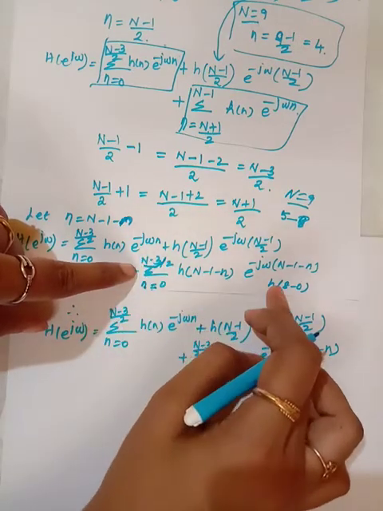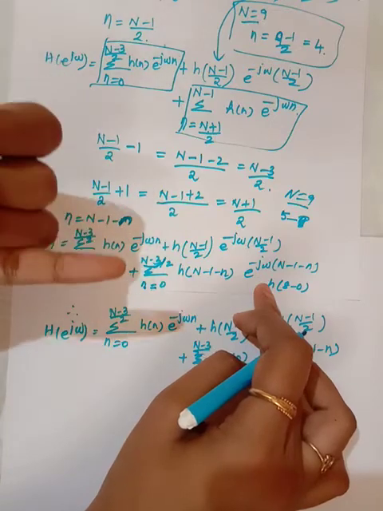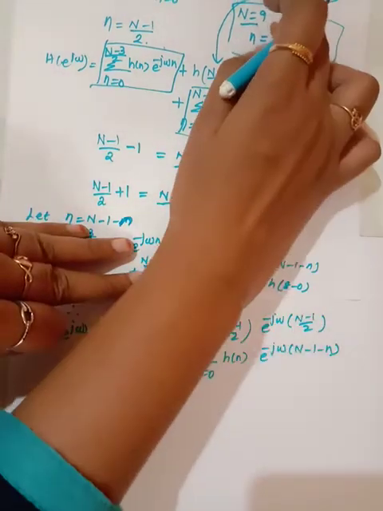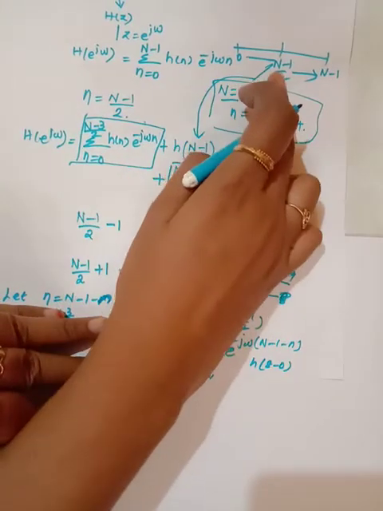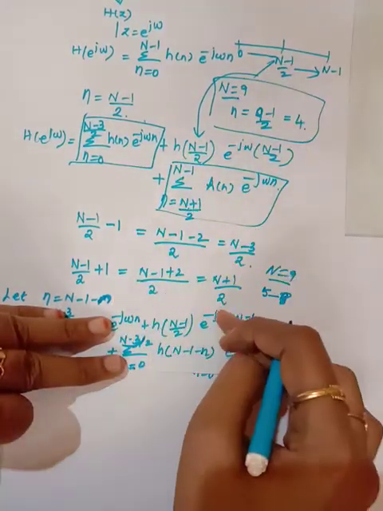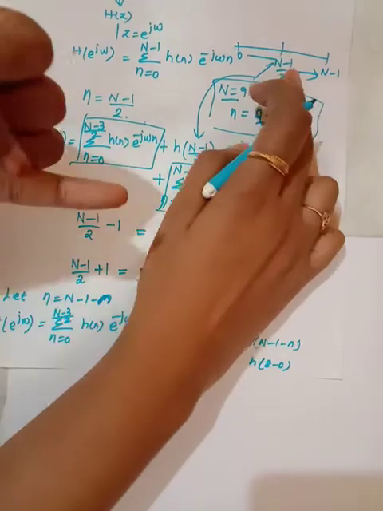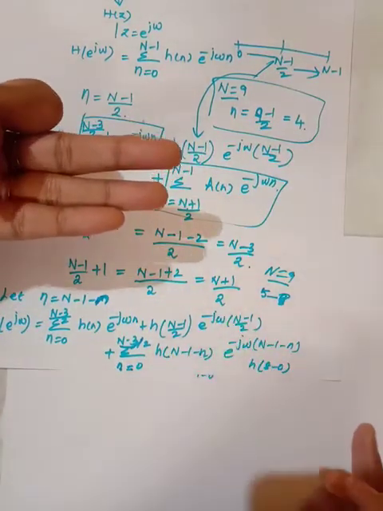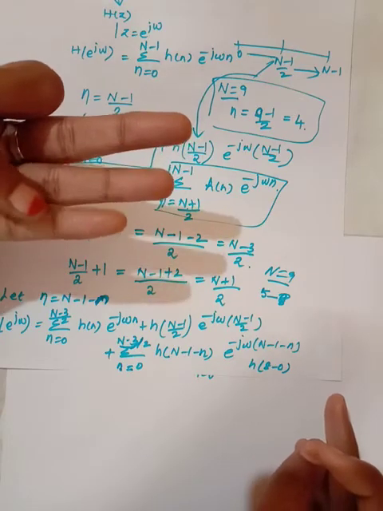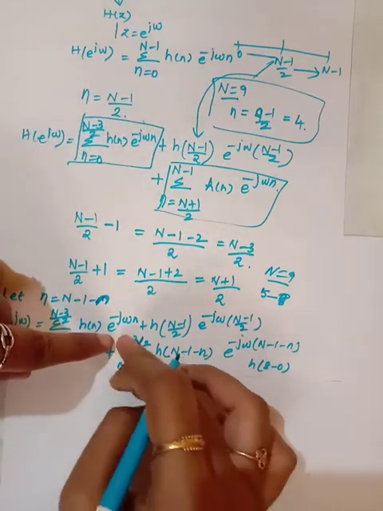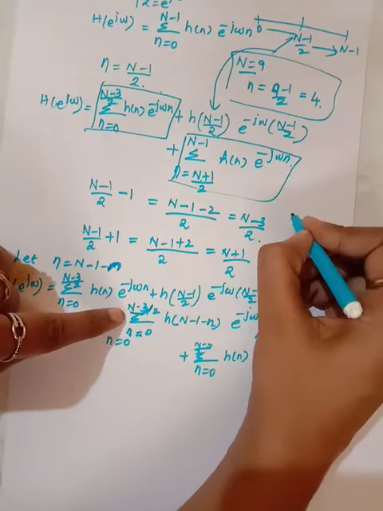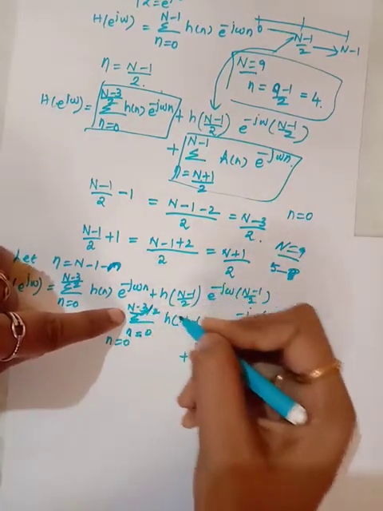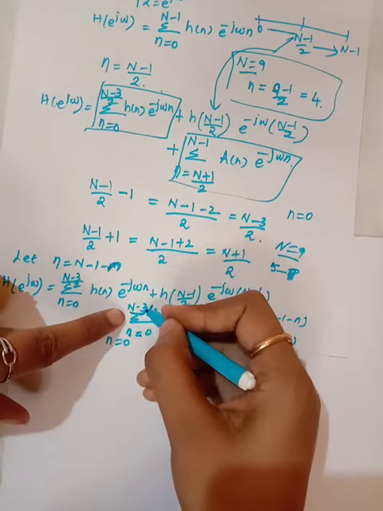So you will get the values, that is 8, 7 and 6. So what you need to get for this range, the center of symmetry is 4 in this case, right? So I am getting 5, 6, 7. Okay, so here I need to get 5, 6, 7, 8. So when I substitute the range, consider now n is equal to 0 to N minus 3. Here N is 9, right? 9 minus 3 is 6.